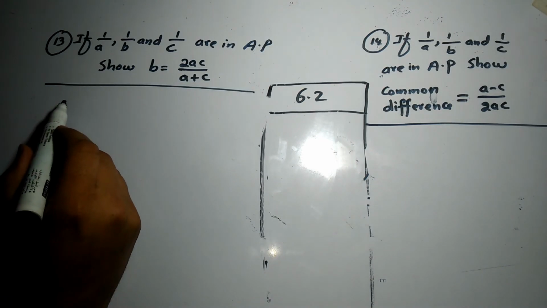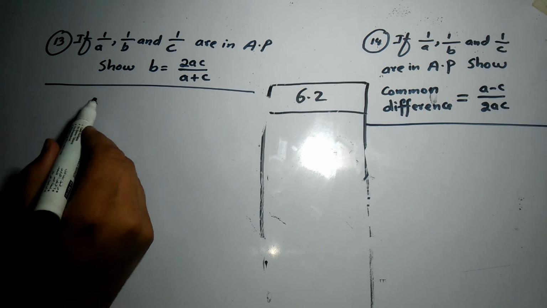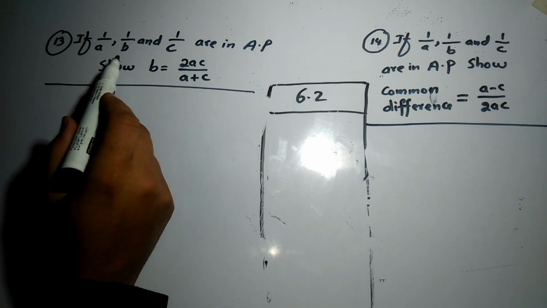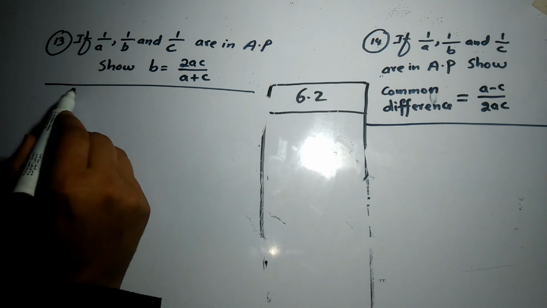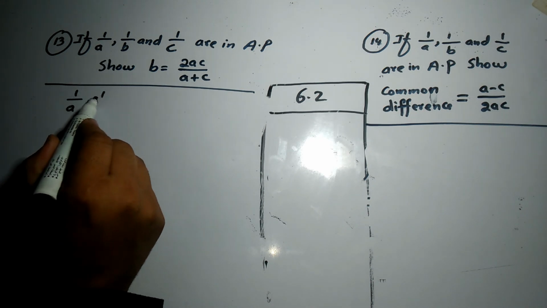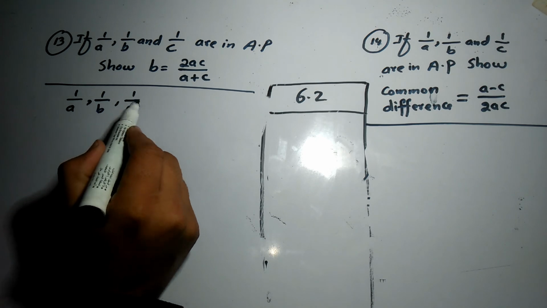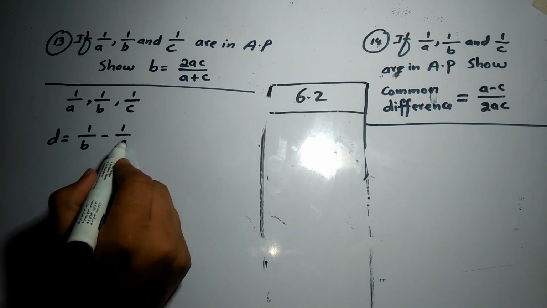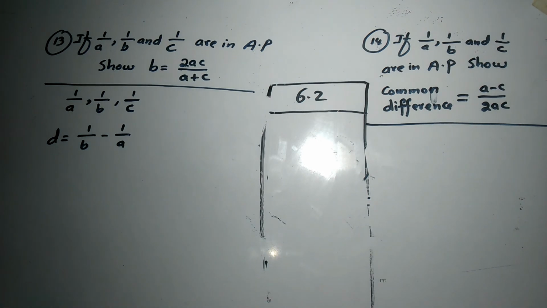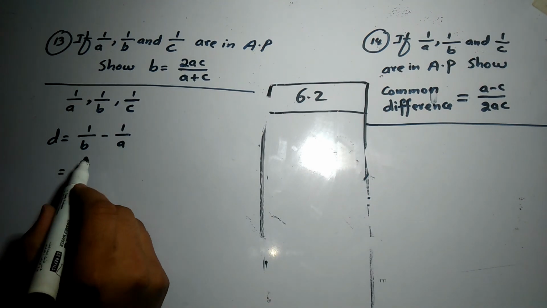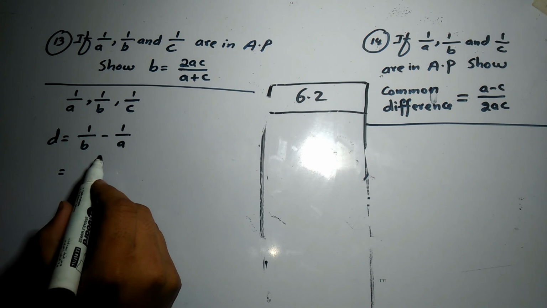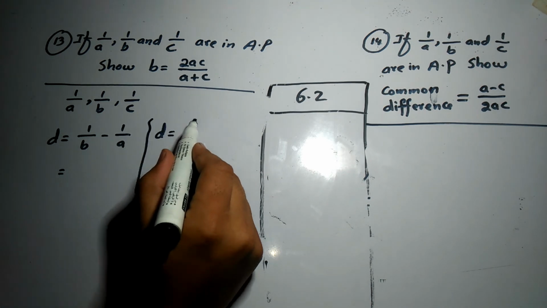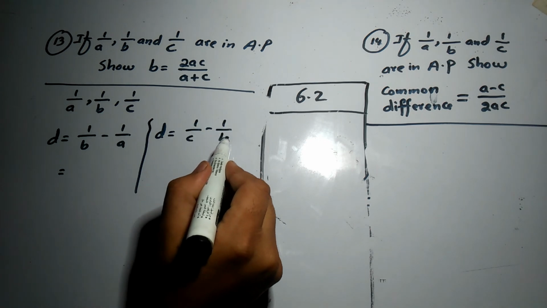Here in this question, if 1 over a, 1 over b and 1 over c are in AP, we know that if three values are in AP, their common difference will be the same. So the difference will be 1 over b minus 1 over a, and similarly the second common difference will be 1 over c minus 1 over b. These two differences are the same, so 1 over b minus 1 over a is equal to 1 over c minus 1 over b.